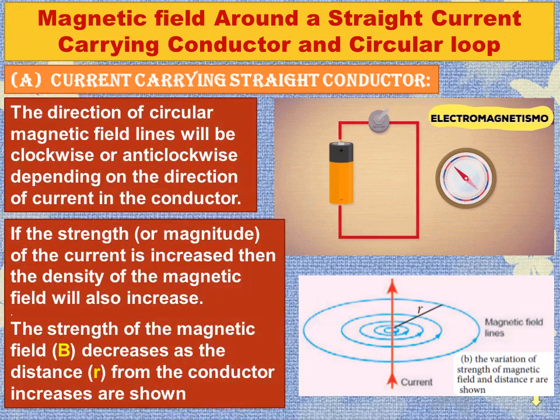See, if the strength or magnitude of the current is increased, then the density of the magnetic field will also increase. The strength of the magnetic field B decreases as the distance r of the conductor increases, which is shown in this picture.